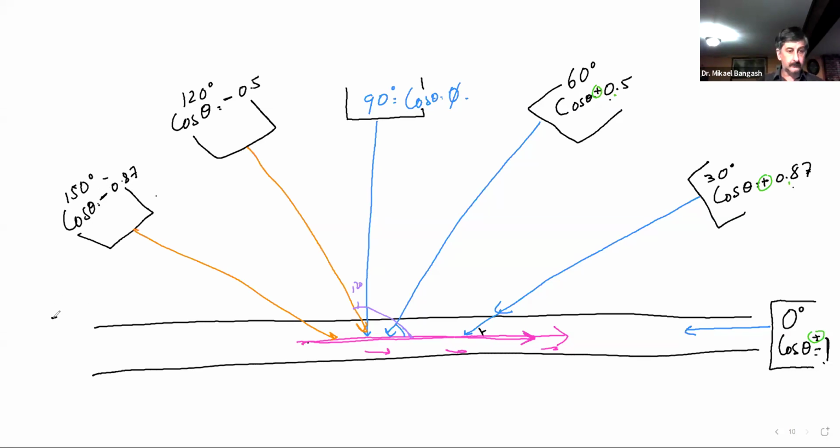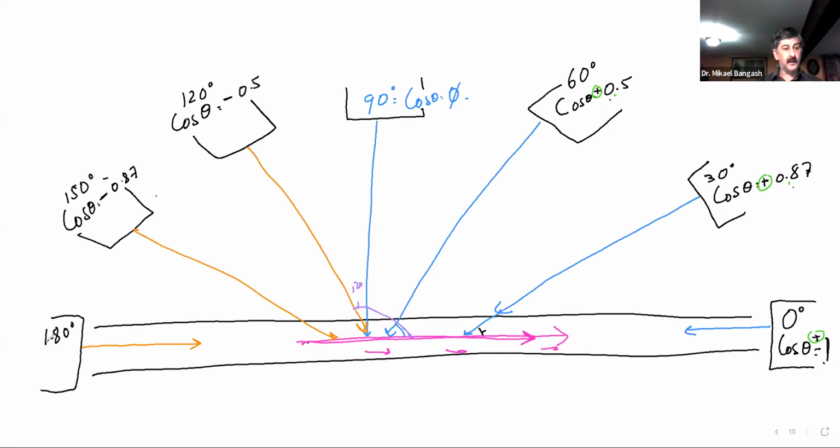If you go here, this was the way in which our beam was being transmitted. Now the blood is flowing completely in the opposite direction from your transducer, so this is totally 180 degrees.